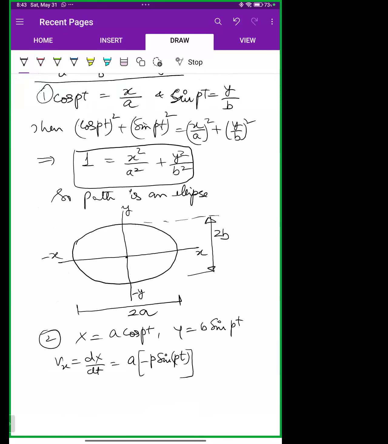Okay. And Vy is equal to dy by dt. Then that is B. And sin PT differentiation is P cos PT.